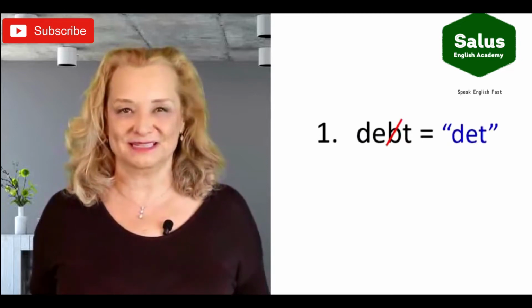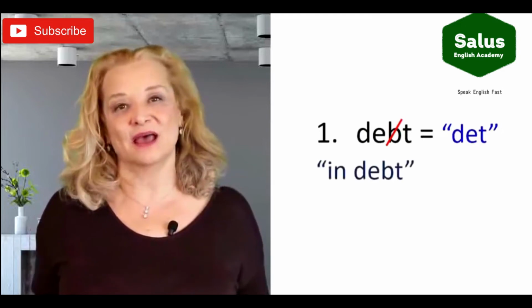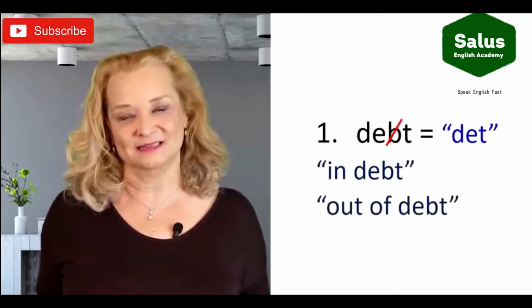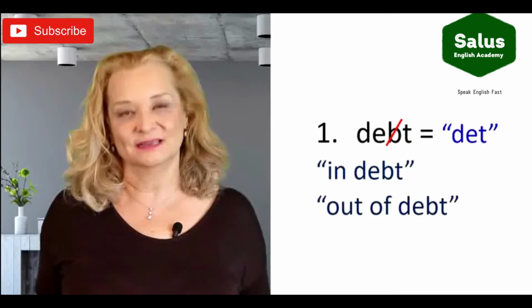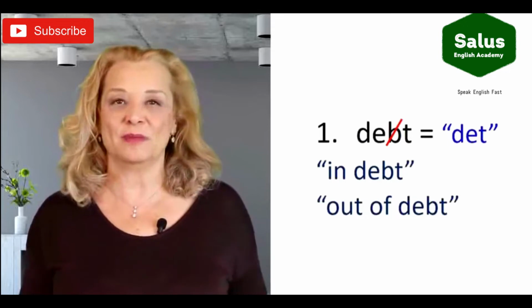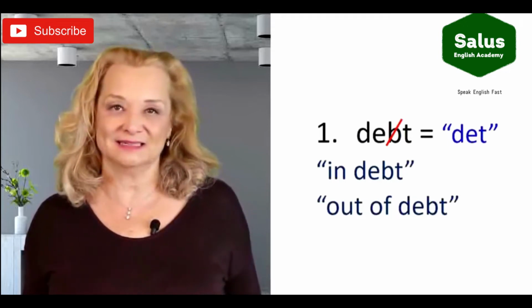We can say I'm in debt or I'm out of debt. Yes, I'm in debt or out of debt. When will you use it? If I owe people money, I'm in debt. Good. If I owe people money, I'm in debt. If you owe someone money, you're in debt.